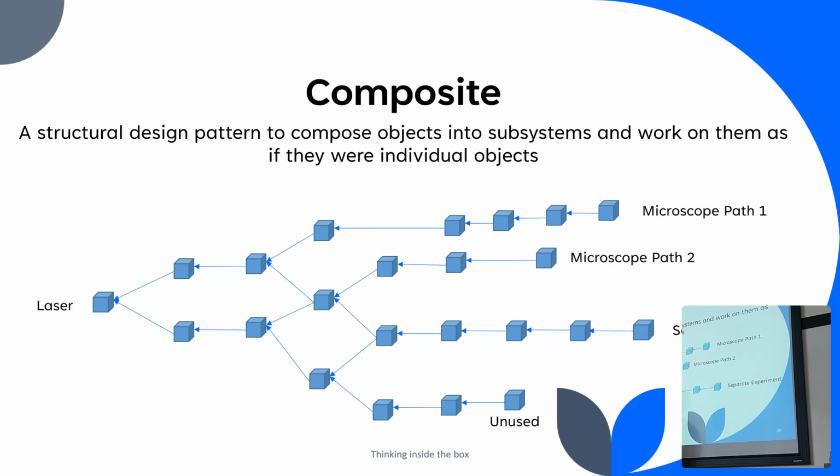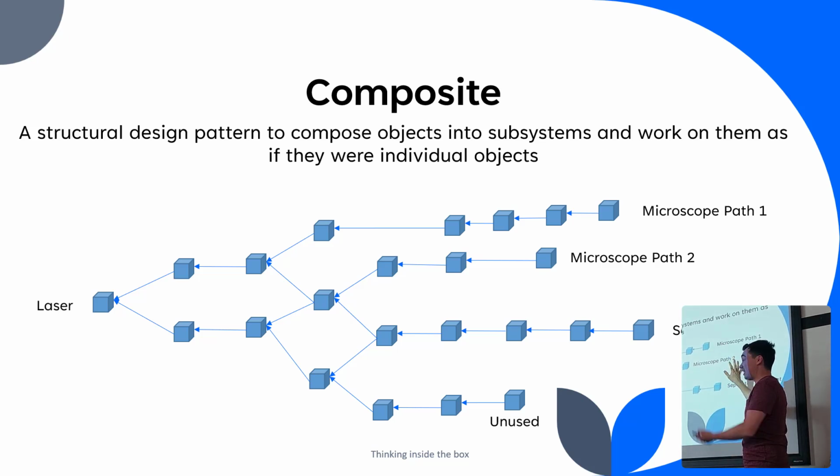I have an optic here which splits that wavelength, maybe 60% of power goes here, maybe 40% goes down here, and this one joins 2 wavelengths until I get to my microscope paths.